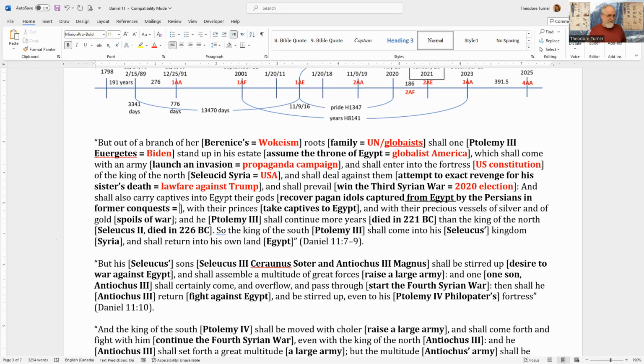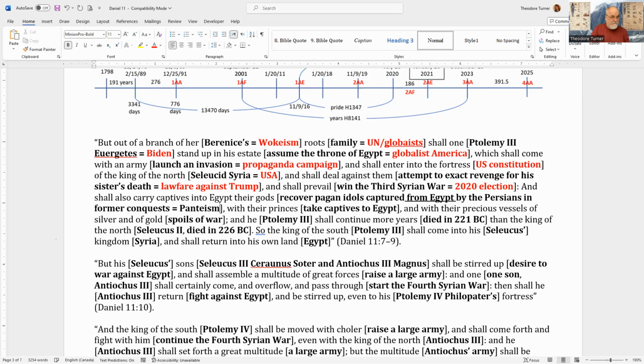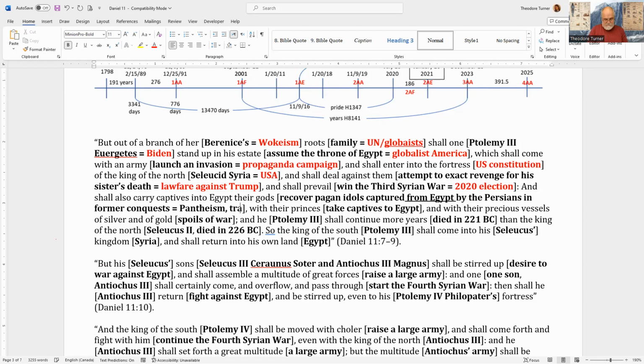Pantheism, right? Pantheism, I think, opens the door better. So pantheism, and we can just say connected with that transgenderism.